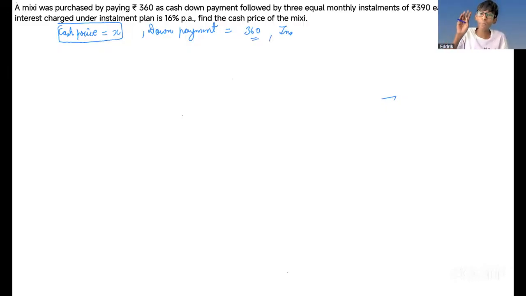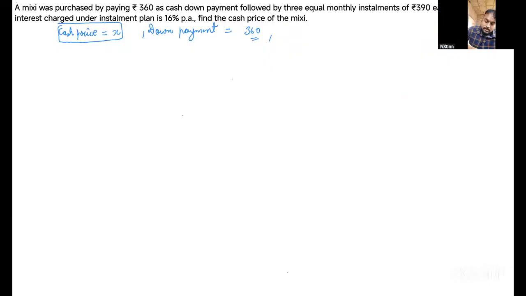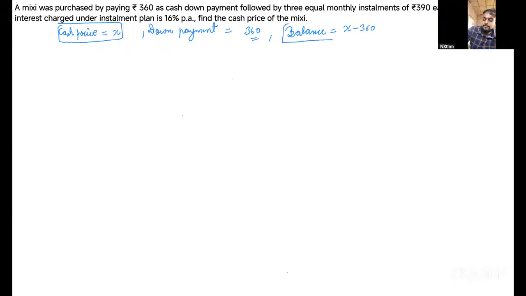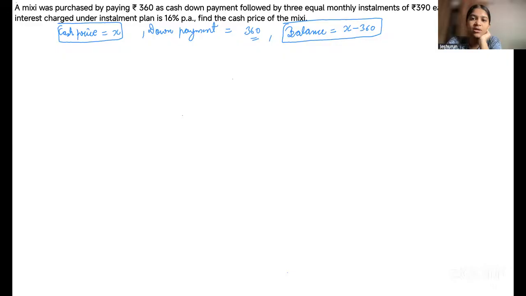First, we need to find the balance. Yes, good. So what will the balance be? X minus 360. Yes, very good. Then 390 rupees for the installment.